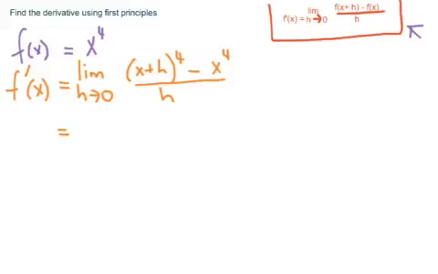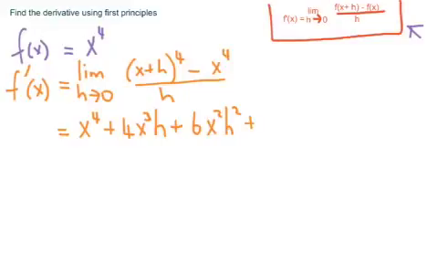So the first term, x to the 4, its coefficient is 1, the next coefficient is 4, and that's going to be x cubed h. The next coefficient is 6, so plus 6. So my x terms are decreasing by 1, and my h terms are increasing by 1.